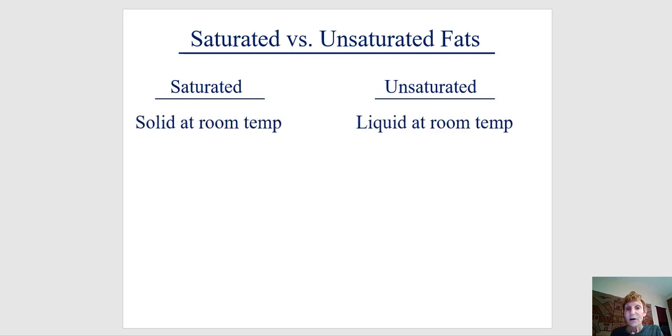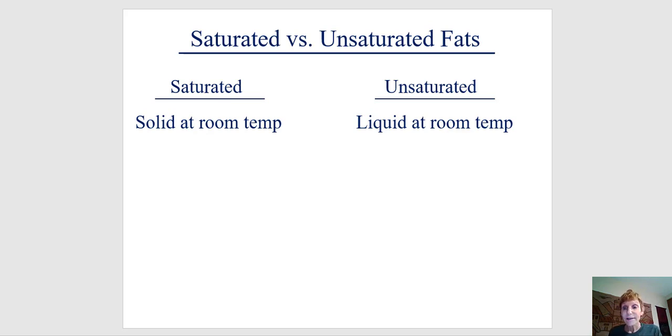Saturated fats are solid at room temperature, and that's because those molecules have fatty acids that are linear all across. And so if you have a whole bunch of the fats together, they can pack really tightly because nothing's pushing them apart. They're all linear across. And so when things can pack tightly, they generally form a solid at room temperature.